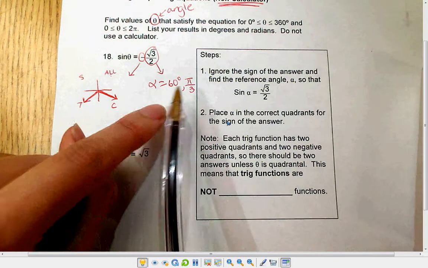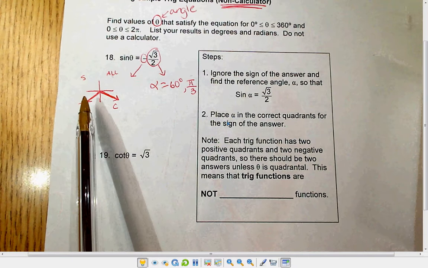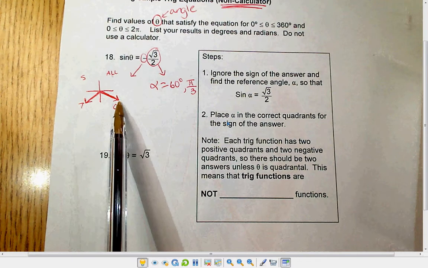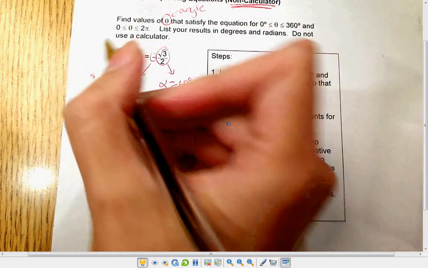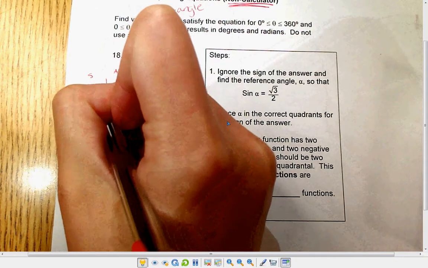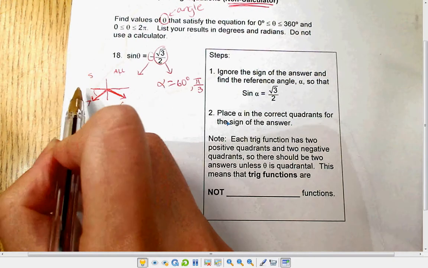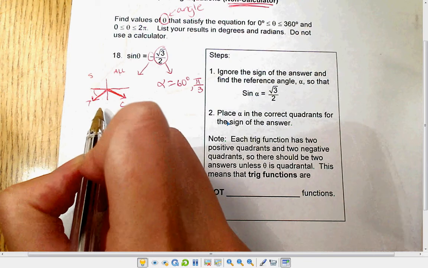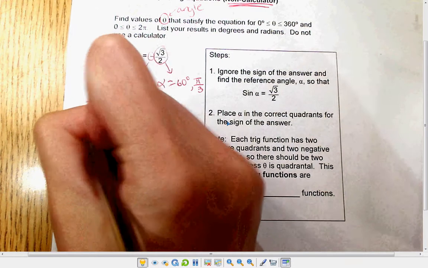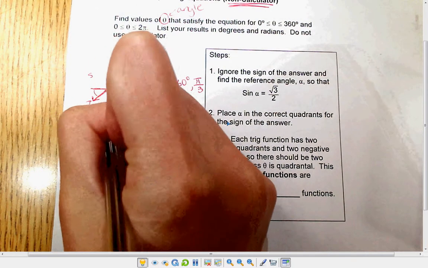Now using these two, we can put them together to get our answers. So let's start with degrees. If you know that it is in the third and fourth quadrant, 60 degrees away from the x-axis in the third quadrant is when we add 180 degrees plus 60.